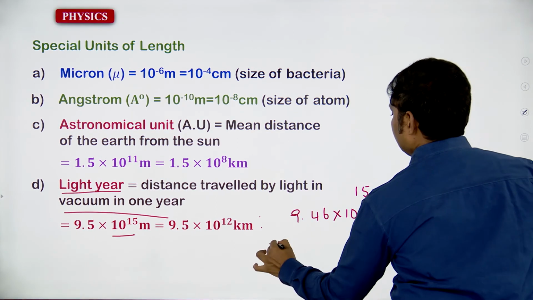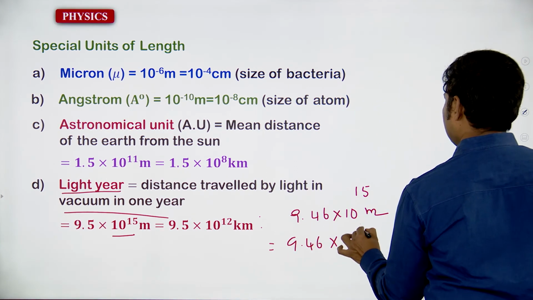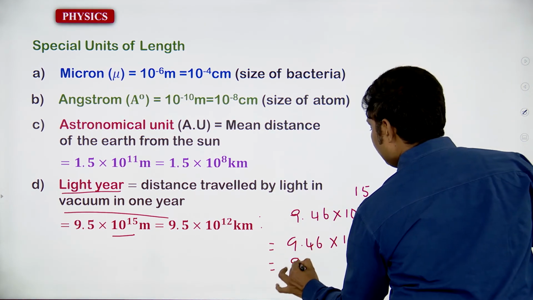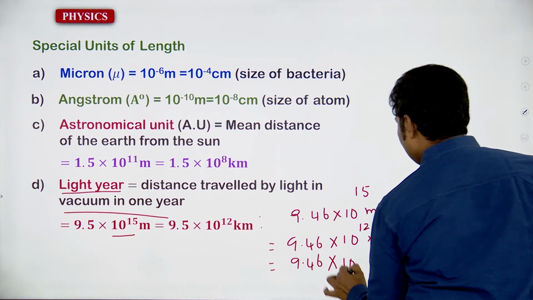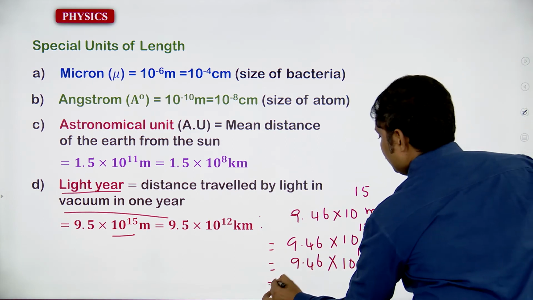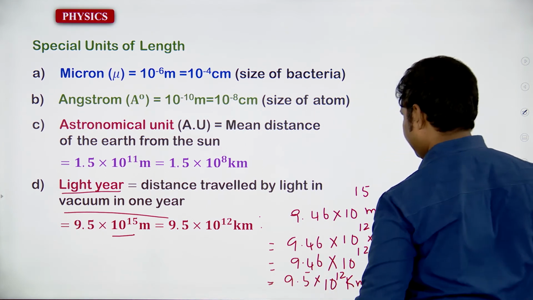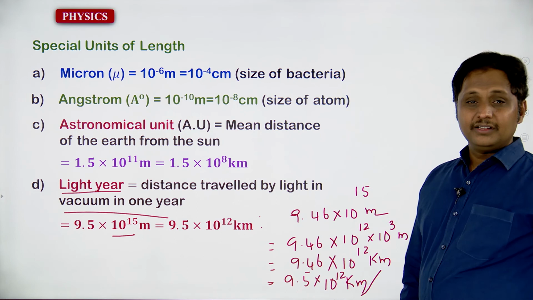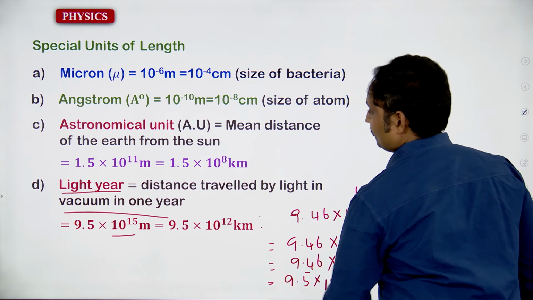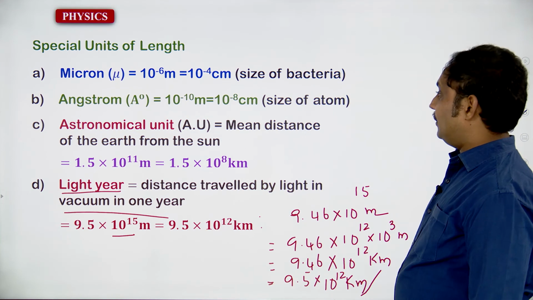So 9.46 into 10 to the power of 12 into 10 to the power of 3 meter, so 9.46 into 10 to the power of 12 kilometer. It's approximately 9.5 into 10 to the power of 12 kilometer. It's very clear. You can easily find that. It is approximated that 1 light year is equal to that. Yes. Okay, it's very clear.